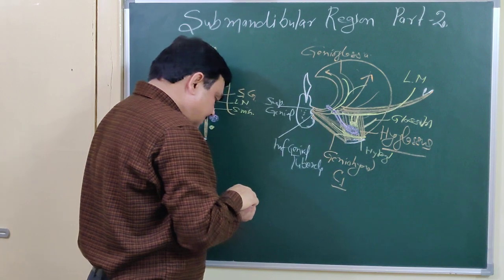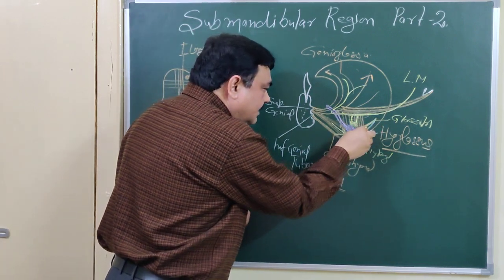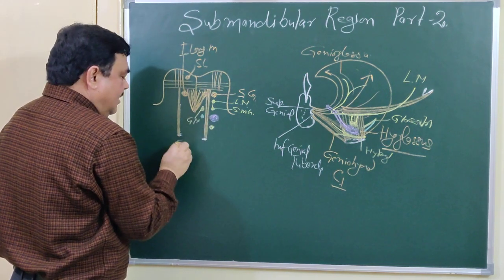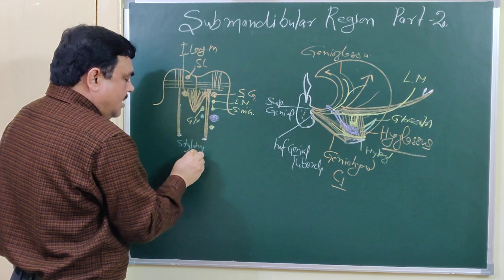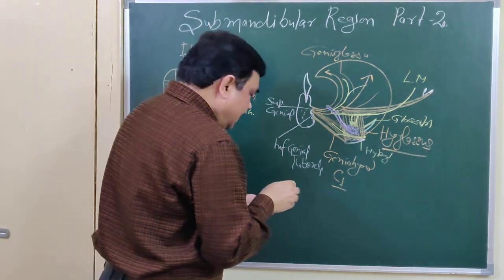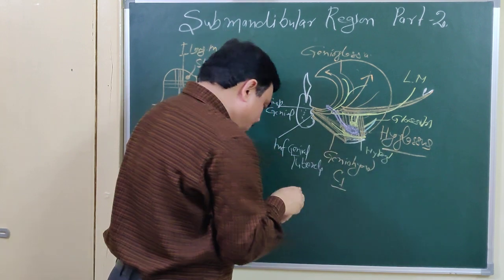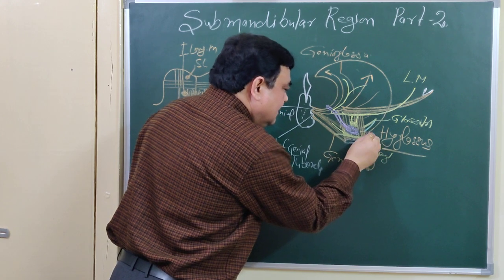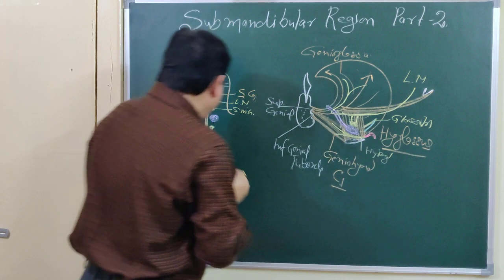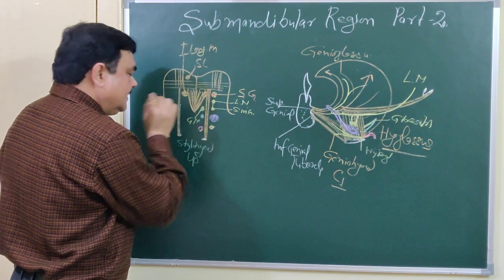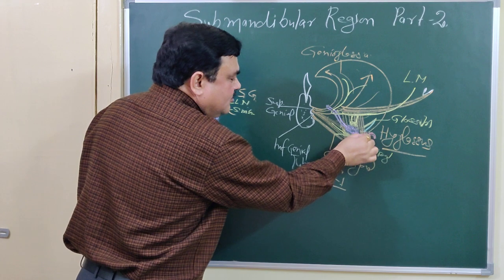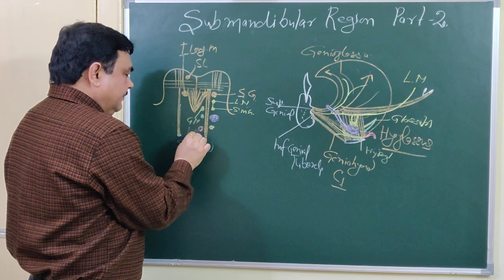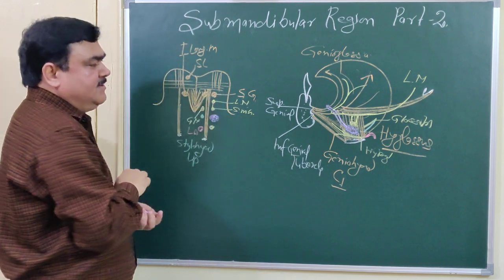And the next structure is the stylohyoid ligament. Another structure which lies along the posterior border is the lingual artery, which passes deep to this. So these are the superficial relations and these are the deep relations.